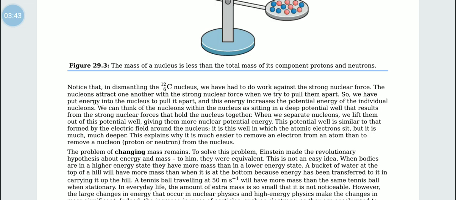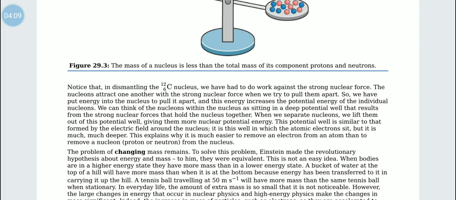So this energy increases the potential energy of the individual nucleons. So the nucleons within this nucleus sit in a deep potential well that is the result of the strong nuclear forces that hold them together.